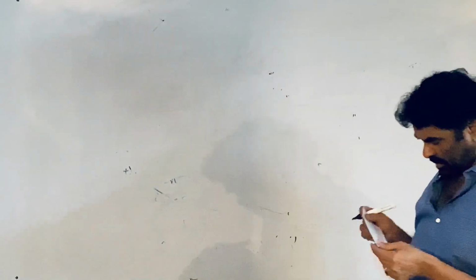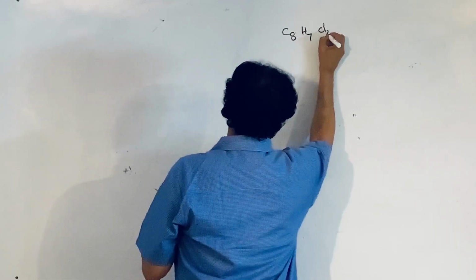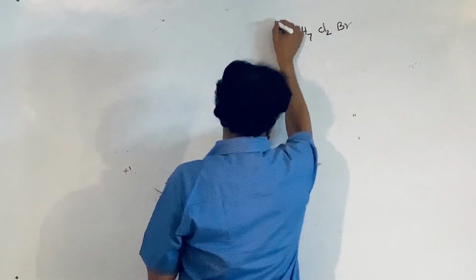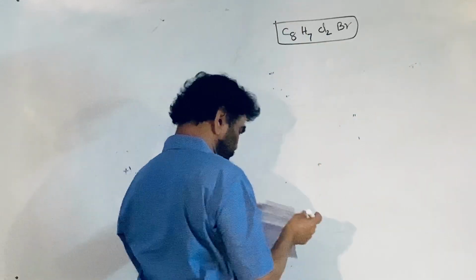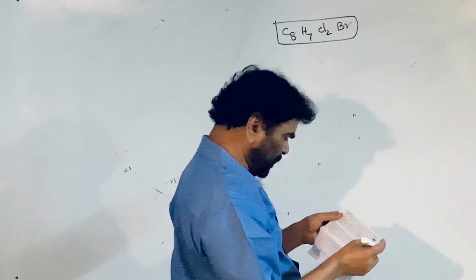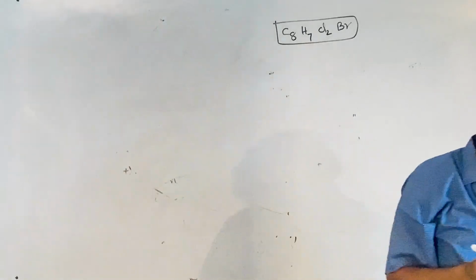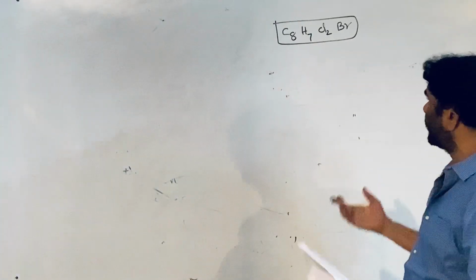And the next one is another reaction. It is an aromatic compound, C8H7Cl2Br. This is the molecular formula of the compound, right? It gives a pale yellow precipitate insoluble in dilute HNO3 when warmed for a few minutes with alcoholic silver nitrate solution.